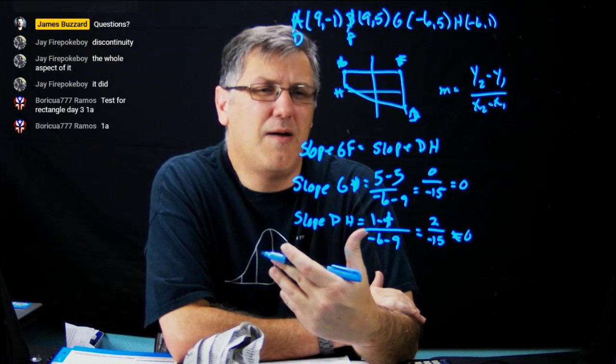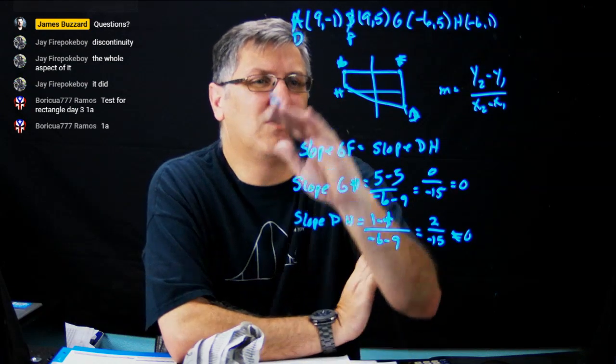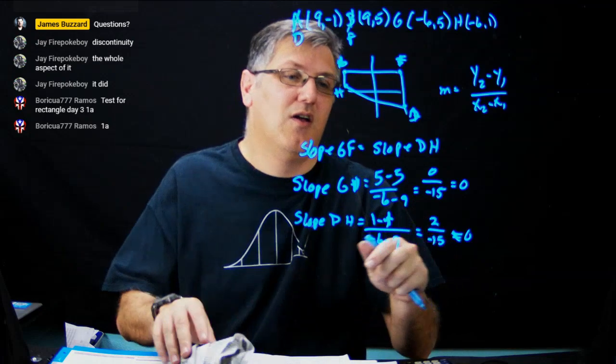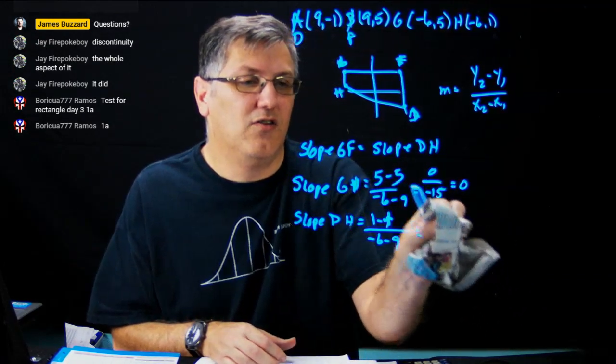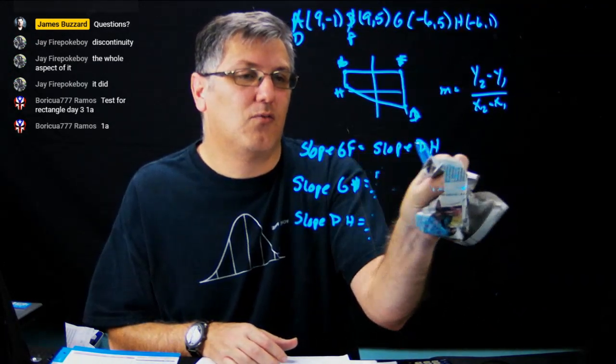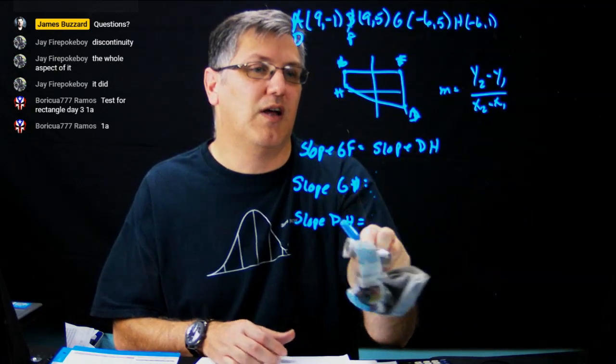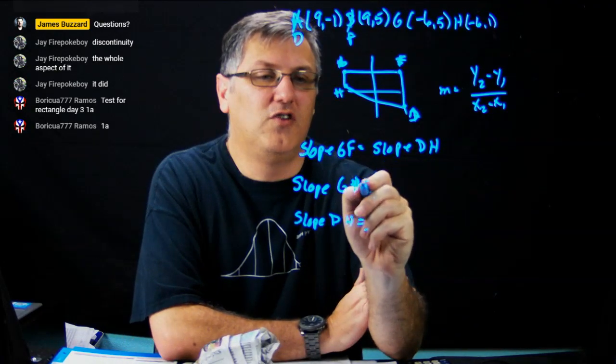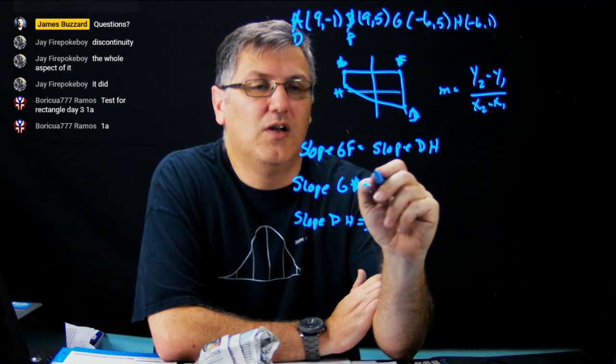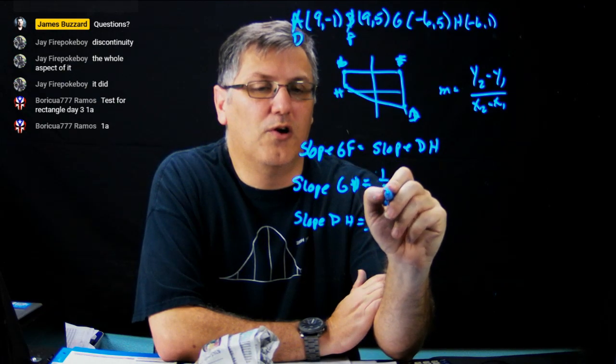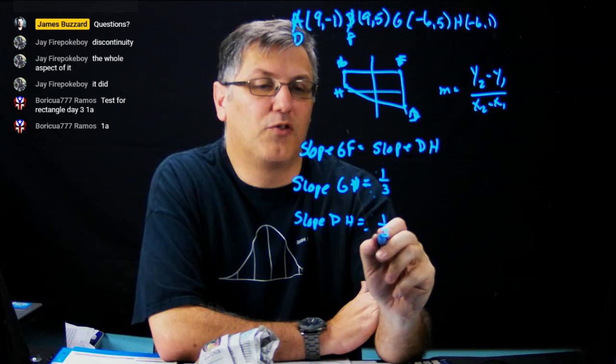Now, let's play a what if game. Let's ignore these points and say I get a slope of these lines. Say the slope of GH was 1/3 and the slope of DH was 1/3.